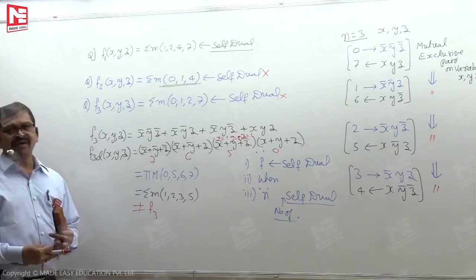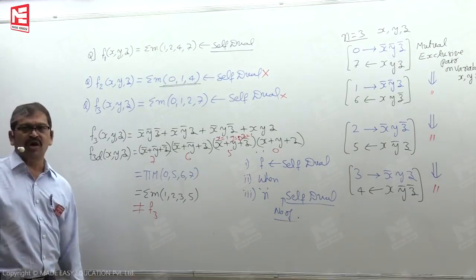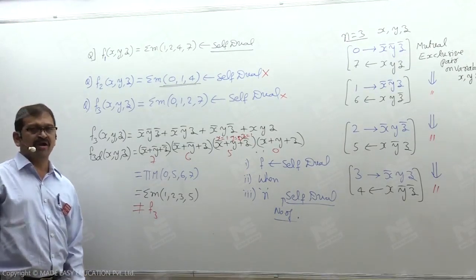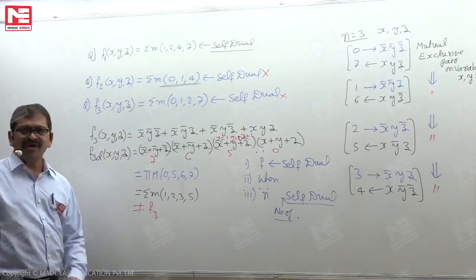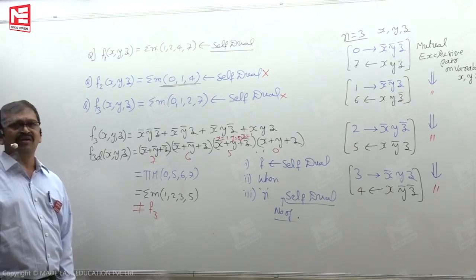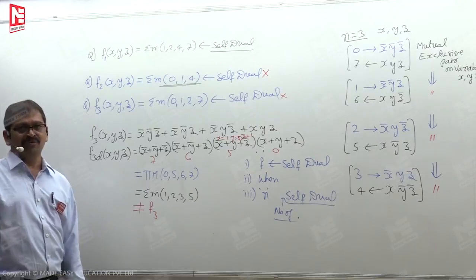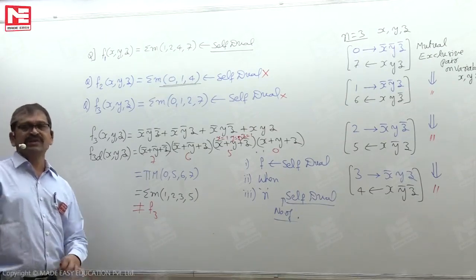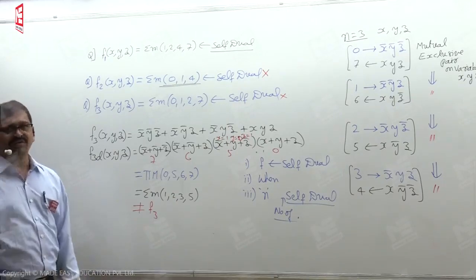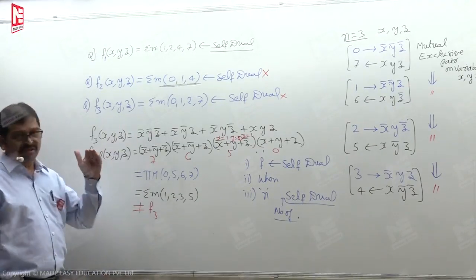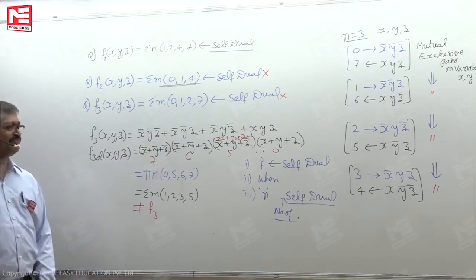So when the number of min terms in the given function is equal to half of the total number of combinations, that function is not guaranteed to be self-real. But for a function to be self-real, that condition must be followed: half of the combinations must be min terms. But whenever a function has half of the combinations as min terms, there is no guarantee that all such functions are self-real.